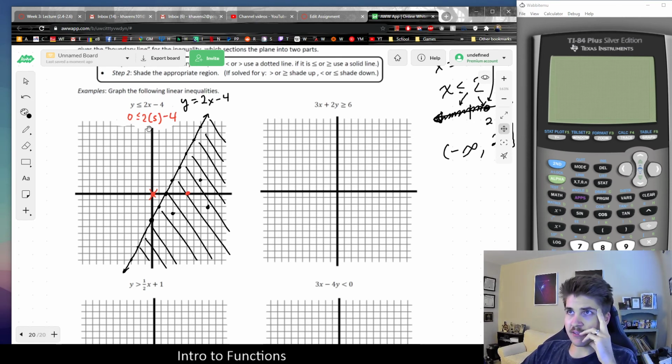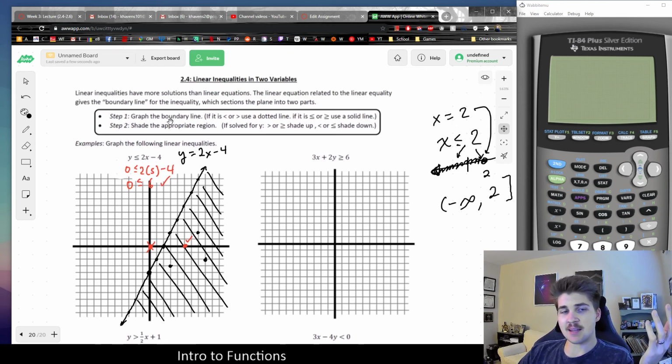If I plug in 5, 0, it gives me 0 is less than 10 minus 4, or 0 is less than or equal to 6. That's definitely true. 0 is smaller than any positive number. And what I can see is that point over there makes sense. And that's the idea of why we're shading this region, because you could check any one of these points. All of these will be solutions to the inequality.